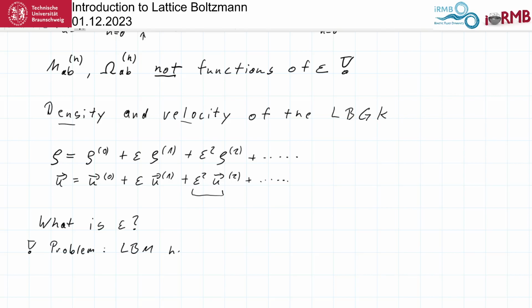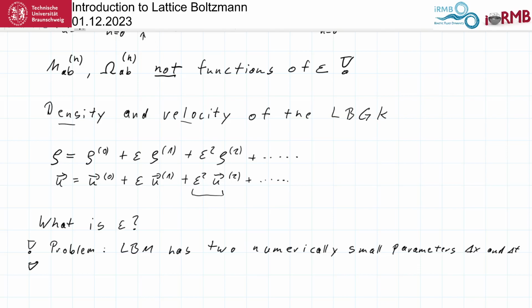LBM has two numerically small parameters, namely the time step and the grid spacing. Delta x and delta t.